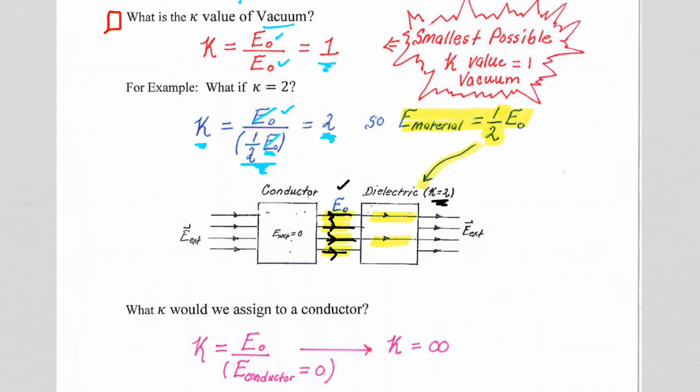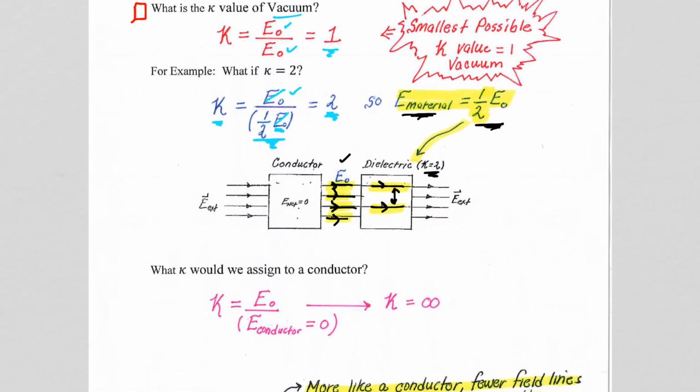Kappa of 2, as we just said, means the electric field in the material is 1/2 that of the electric field in vacuum. So that is why we get just the 2 electric field lines. The spacing is twice as far apart, so the E field is 1/2 as strong. That's exactly what our kappa is showing us.